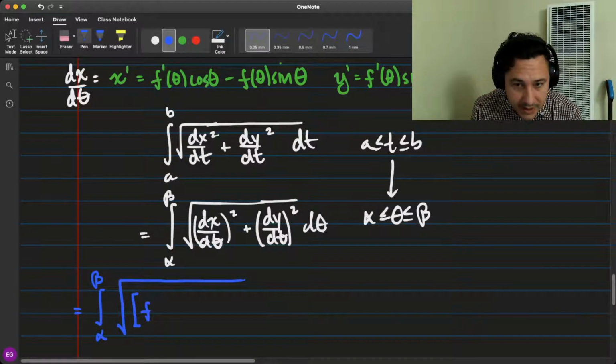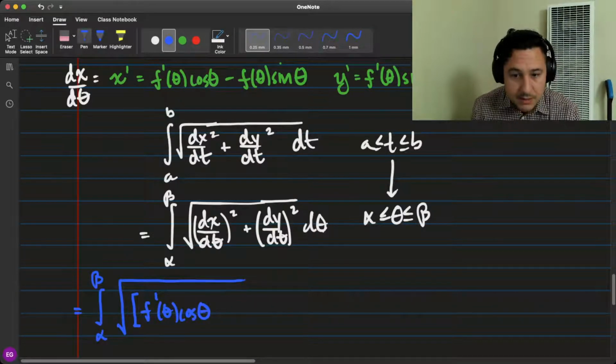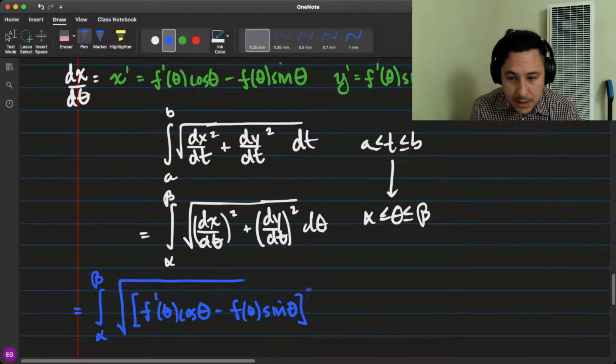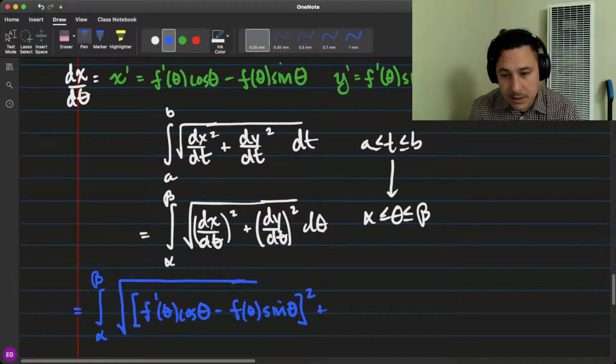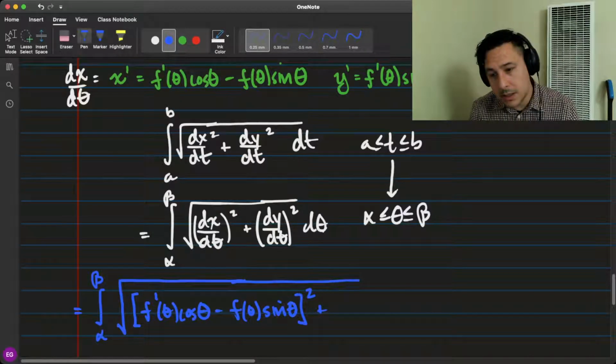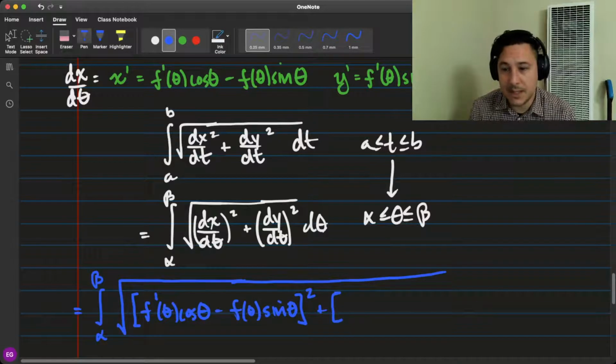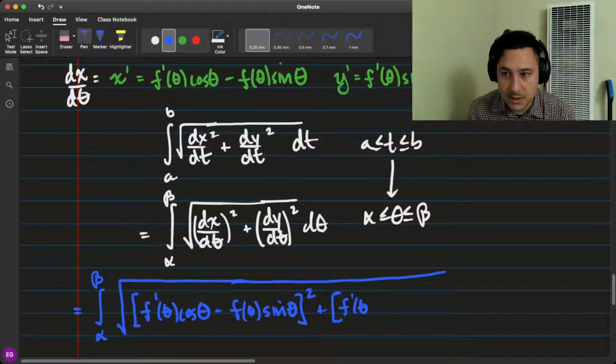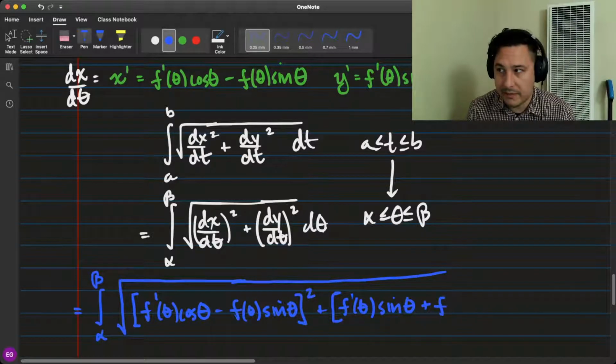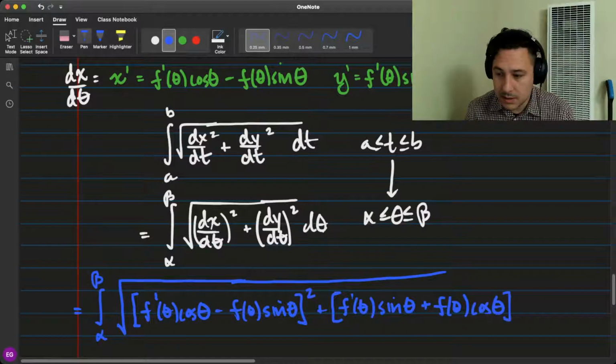You're going to have f prime theta cosine theta minus f of theta sine theta quantity squared plus, okay, now you have to do the same thing for dy d theta. You're going to get f prime sine theta plus f theta cosine theta quantity squared d theta.